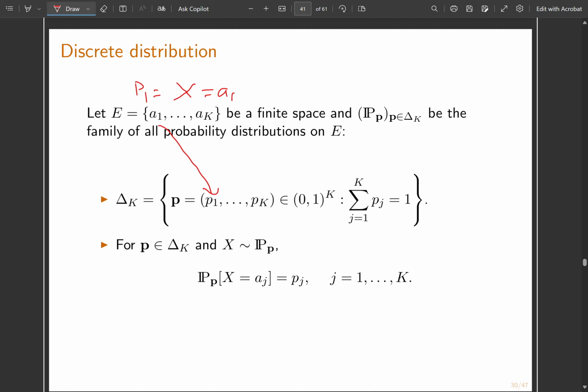And this set of all the probability vectors p1 to pk, many p1 to pk vectors, is called simplex. It is simplex of Rk, where k is the size of each vector inside the R.